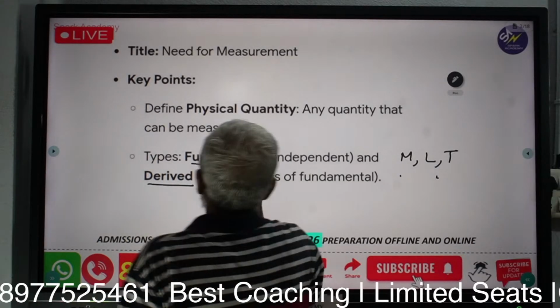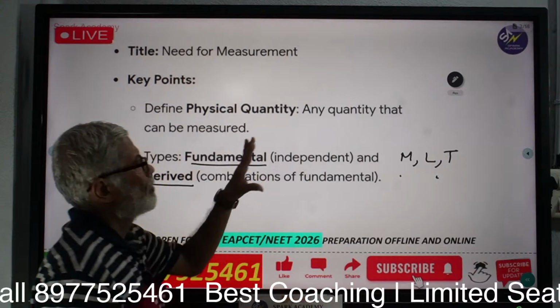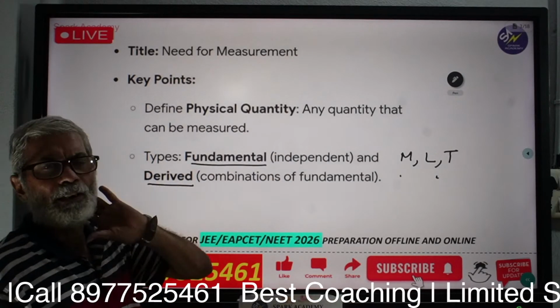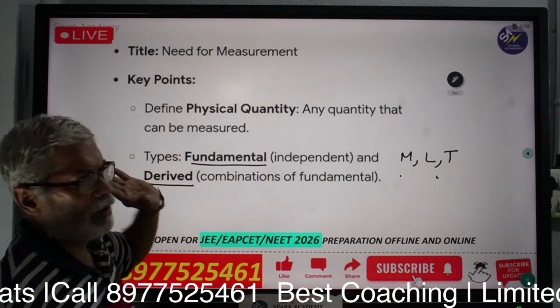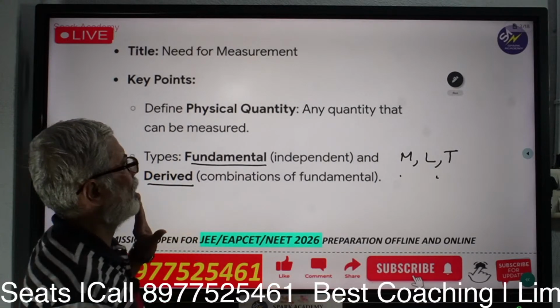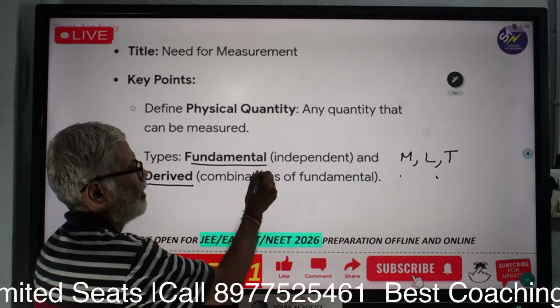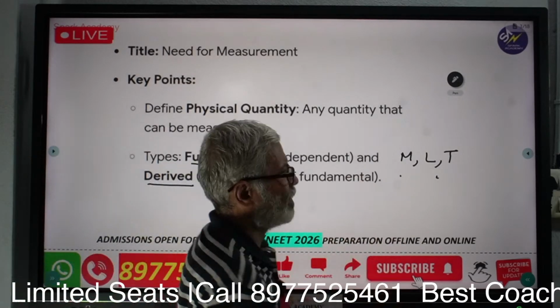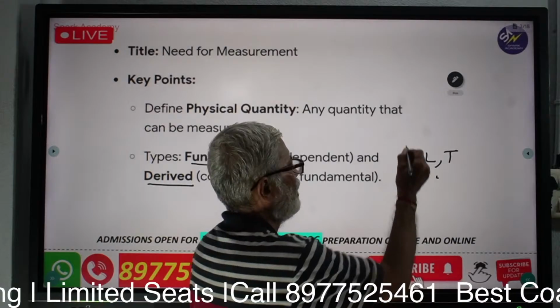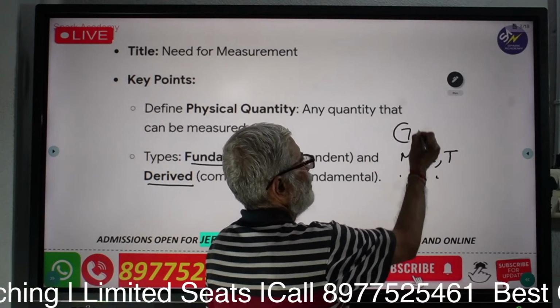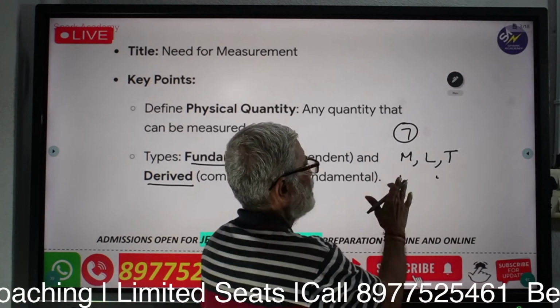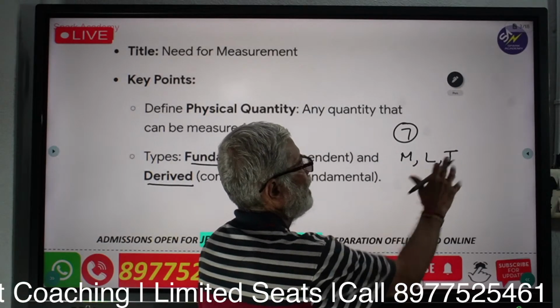Now, see, for any physical quantity, there are two types. One is very fundamental. Fundamental means they are independent of each other. There are a total of 7 fundamental quantities. It starts with MLT.